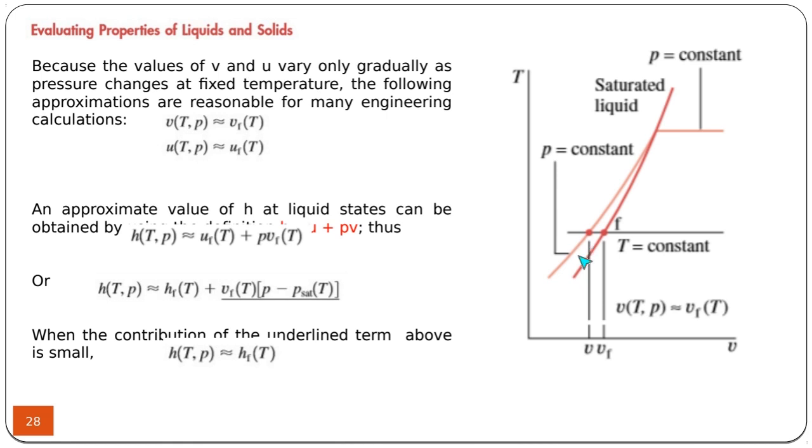You would like to find the specific volume of the liquid at this given temperature, and you can say that the specific volume of the liquid here is approximately equal to the specific volume at saturation at the given temperature. So as a result, the specific volume at a given temperature and pressure is approximately equal to the specific volume at the given temperature.